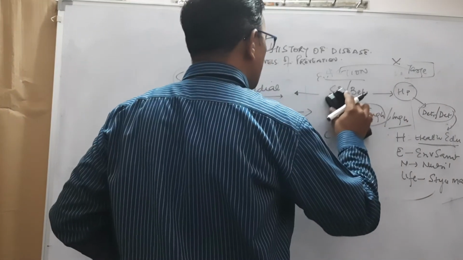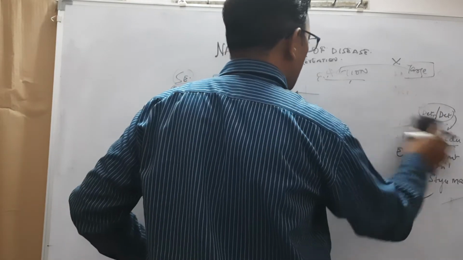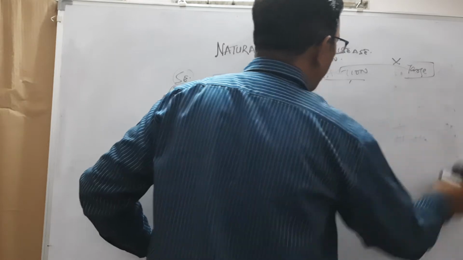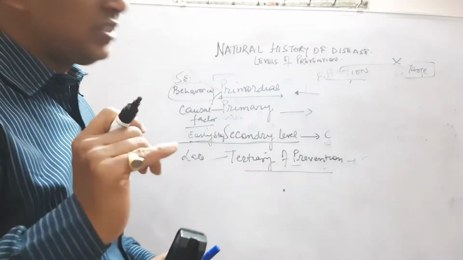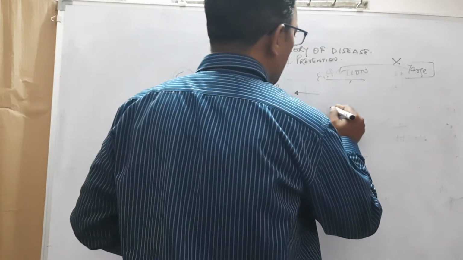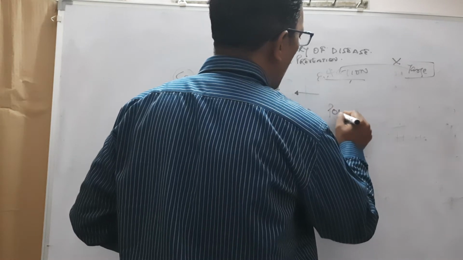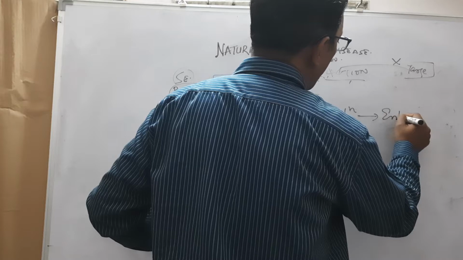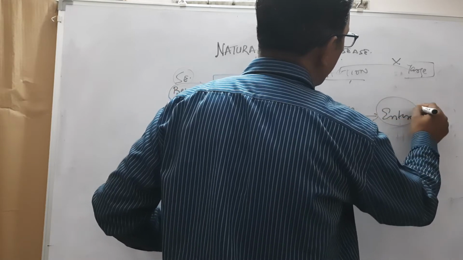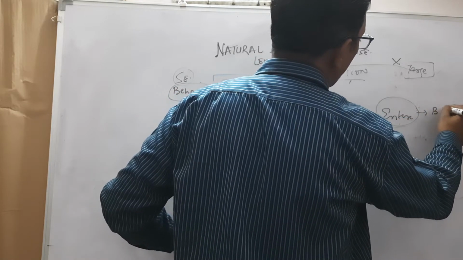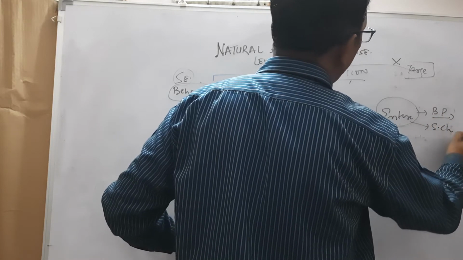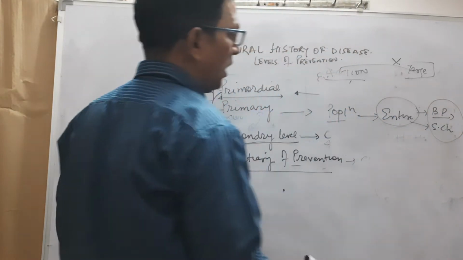Now, when I talk about your primary level of prevention, I said there are two strategies: the population strategy and the high risk strategy. The population strategy is one where I have the entire population. So, for example, you are taking the blood pressure or serum cholesterol level of the entire population, where the entire population is being involved.